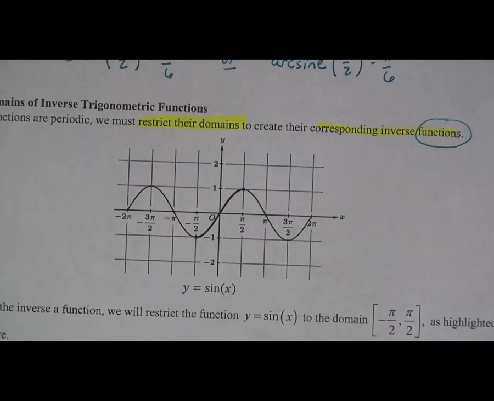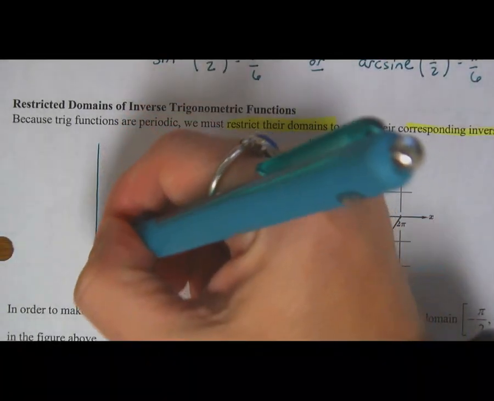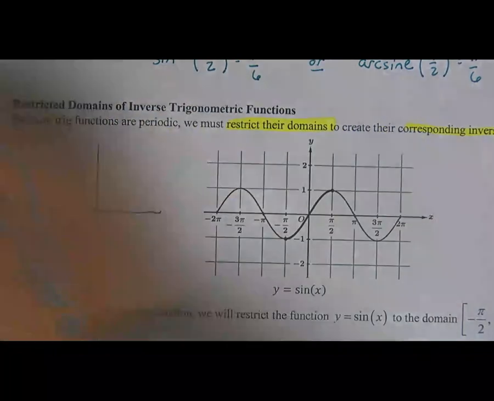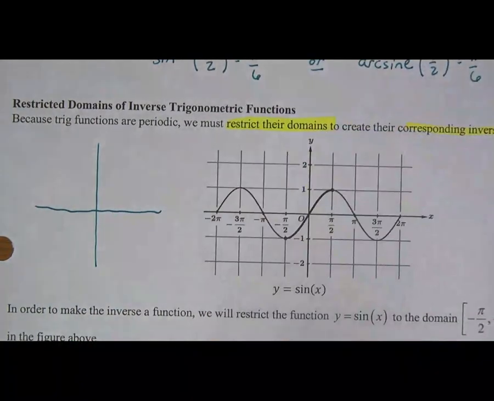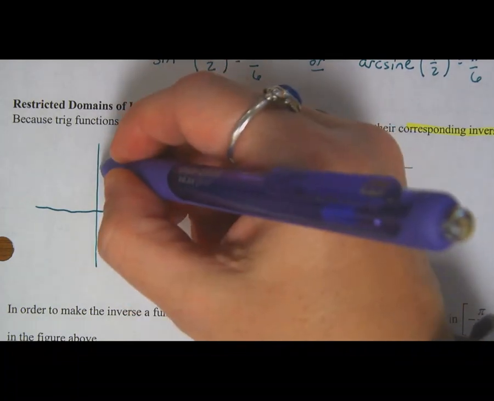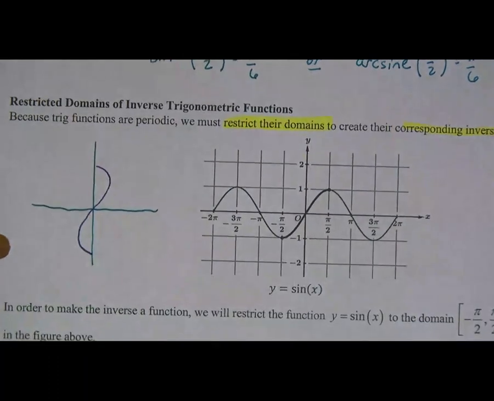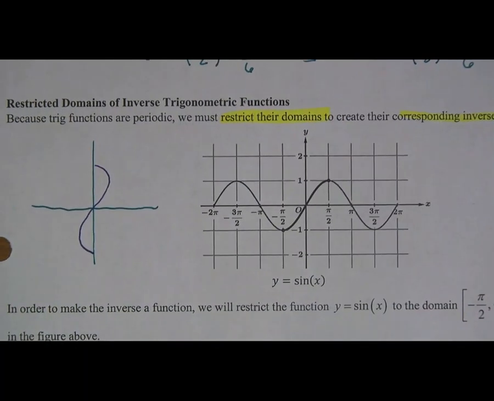Circle that word function. If I took this sine function, here's what its inverse would look like if I reflected everything over the line y equals x. I have to be careful about how I draw this. That's what it would look like. Sketch that on your paper.